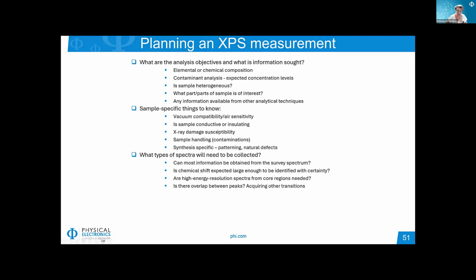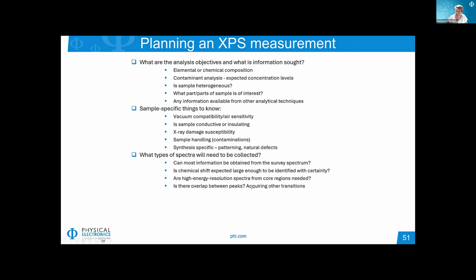Based on that information, you can decide what sort of spectra you would like to acquire. Can you just look at a survey spectrum to detect your elements and to provide atomic concentration, or do you need to do chemical analysis, and will the chemical shift be large enough relative to the energy resolution of the instrument?